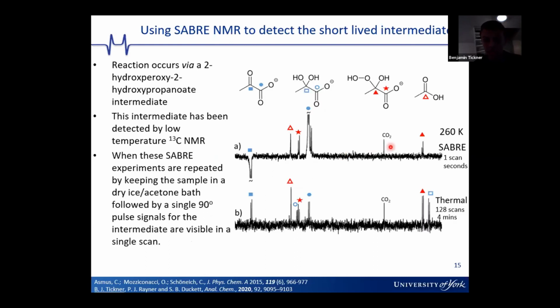As you can see here, signals when we do this at 260 Kelvin for this short-lived intermediate can be seen here and here in just a single scan. If you want to detect those signals using Boltzmann-controlled NMR, then you have to do significant signal averaging, which takes time, and that means that to detect these intermediates using thermal NMR, you have to go to much lower temperatures.